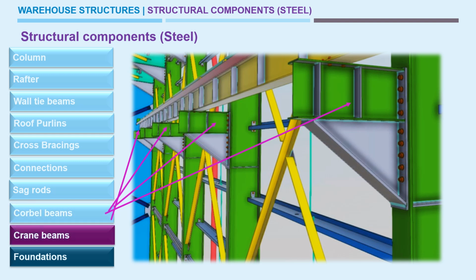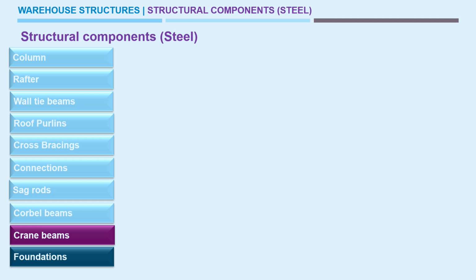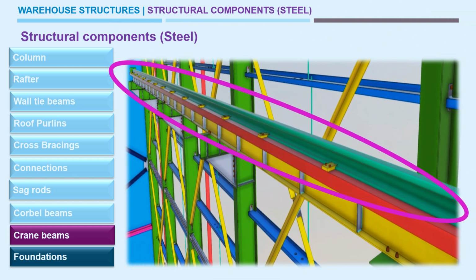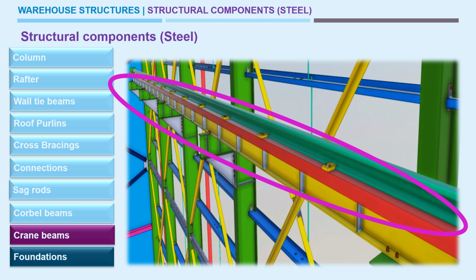Coming to the crane beams, you can see these yellow color beams which have a stiffener to the web, and which also have an inverted channel, C profile or U profile, over the yellow color beam. So this set we can call crane beams.